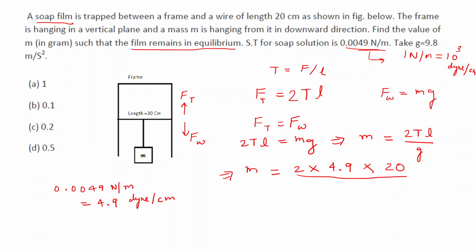Okay, so g is 9.8 meter per second square. I'll change it into centimeter per second square. So 1 meter is 100 centimeter. So this will be 980 centimeter per second square. Putting this value here.